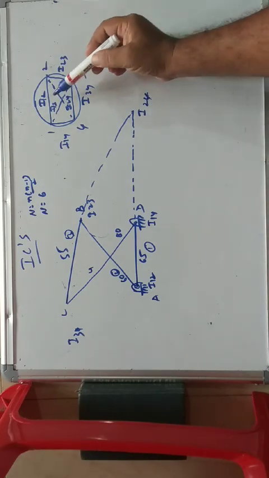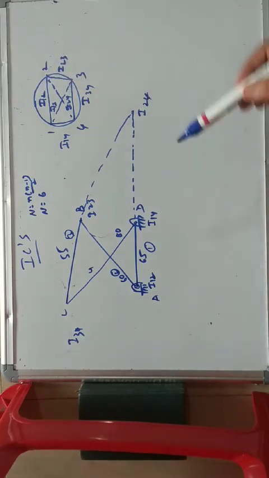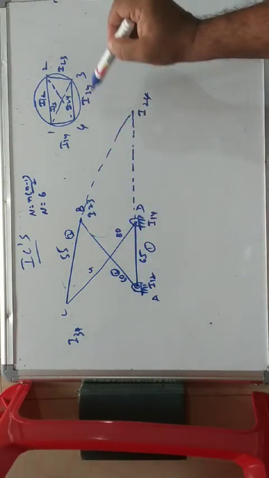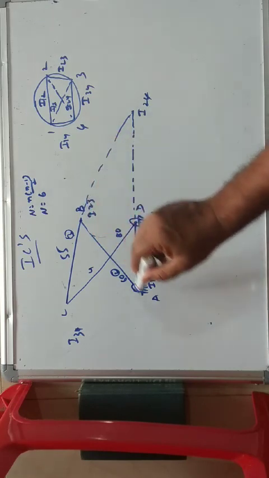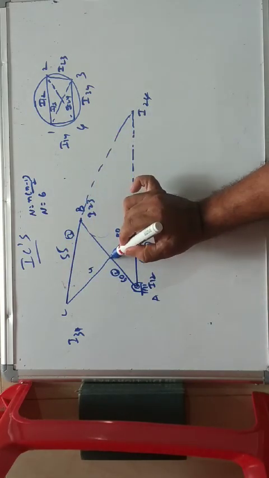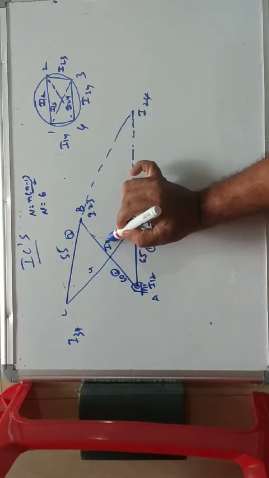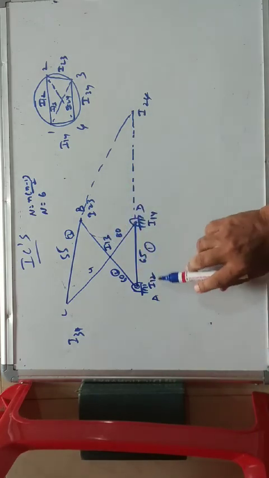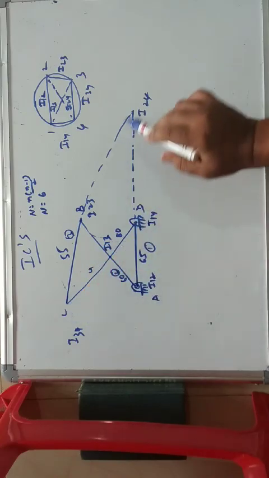Similarly, I13 is 1-2, 2-3 and 3-4. The point of intersection of these two is I13. So like this, we get 1, 2, 3, 4, 5 and 6.